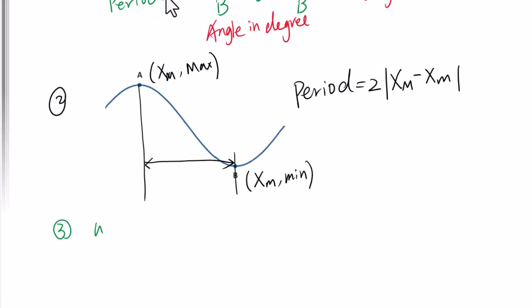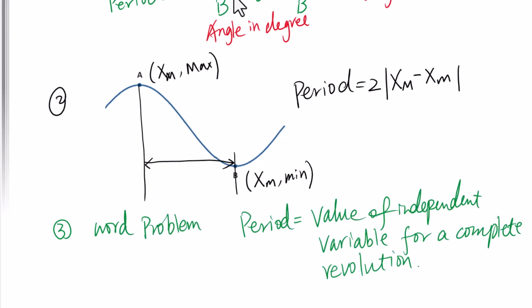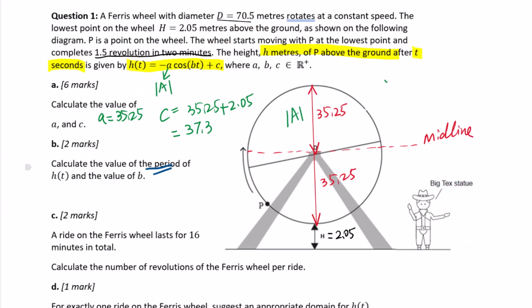For the third one, a word problem, period equals the value of the independent variable for a complete revolution. We are given the information here for the period: 1.5 revolutions in 2 minutes. Remember the unit for time is seconds.